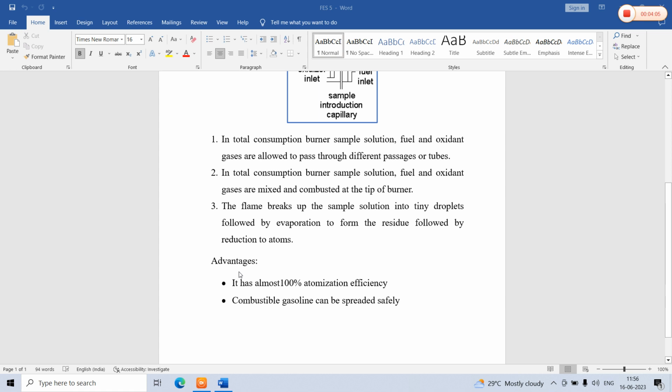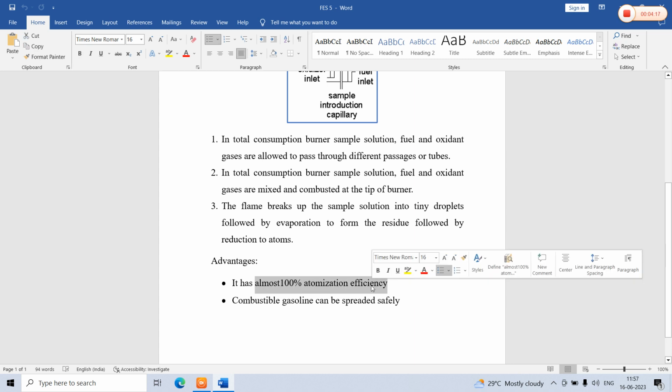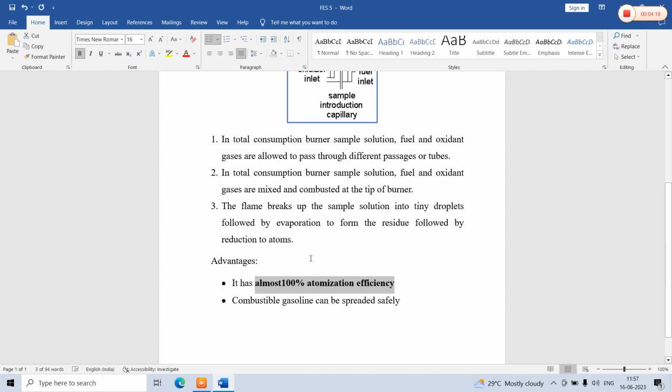Now there are two advantages of the total consumption burner. The first is that it has almost 100% atomization efficiency. That means whatever amount of atoms is present in the sample solution, all the atoms get atomized and converted into neutral free atoms, which will be excited by the flame.